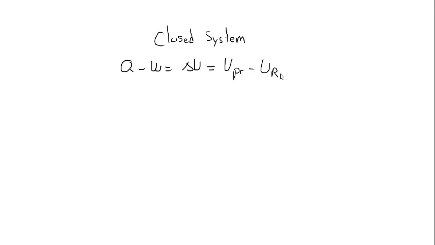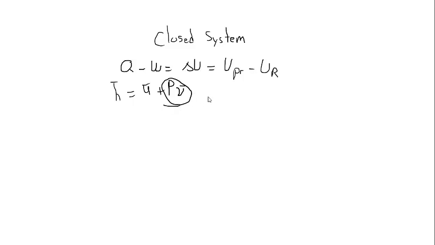Now, since most of these are in gas form, I can use that to my advantage in terms of using the ideal gas law. Enthalpy is equal to internal energy plus P nu.